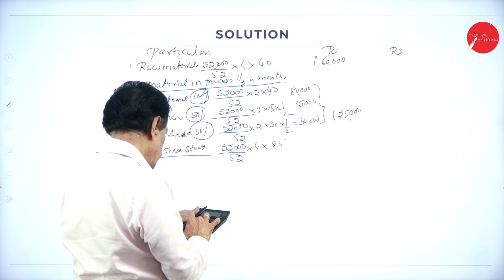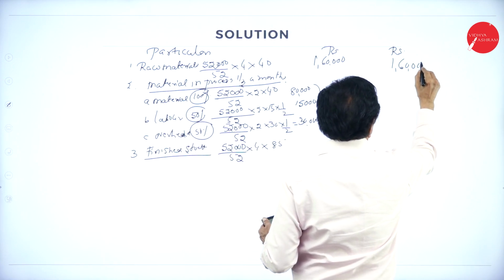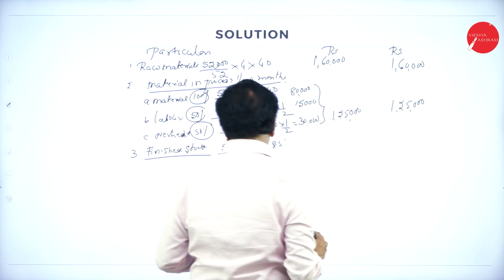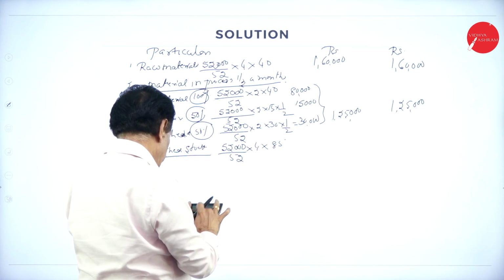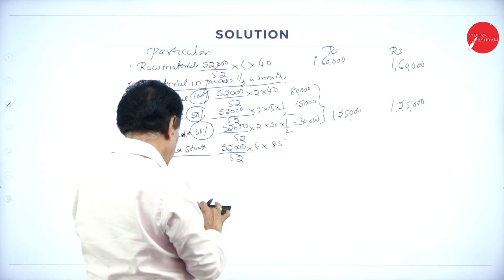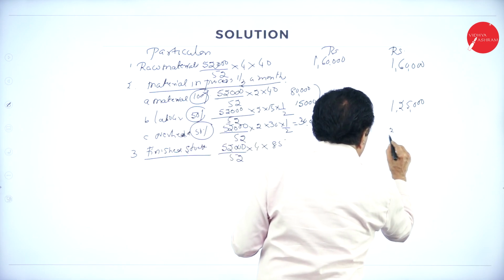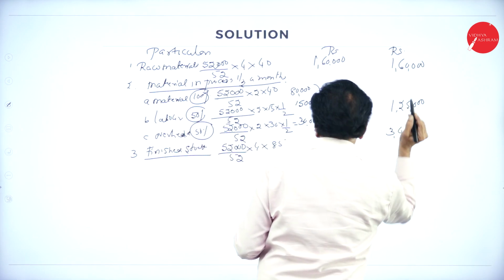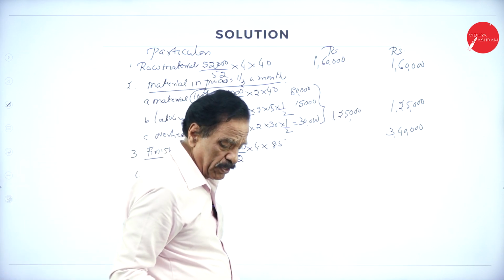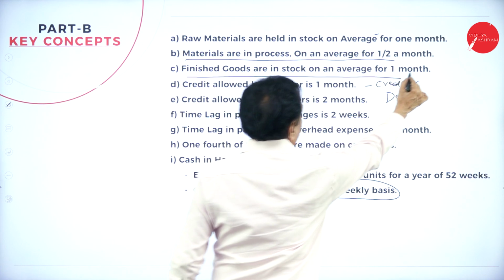So 52,000 divided by 52 into 4 into 85 is 3,40,000. So this is over.